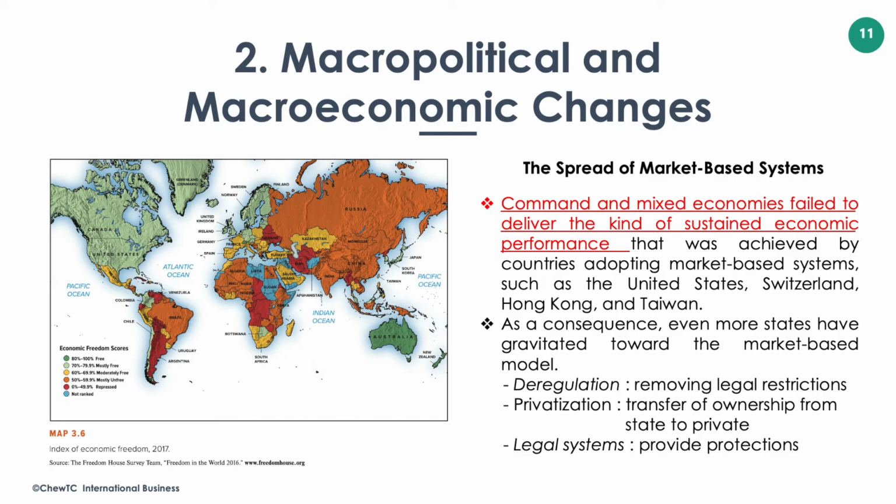Hand in hand with deregulation has come a sharp increase in privatization. Privatization refers to the transfer of the ownership of state property into the hands of private individuals, frequently by the sale of state assets through an auction.